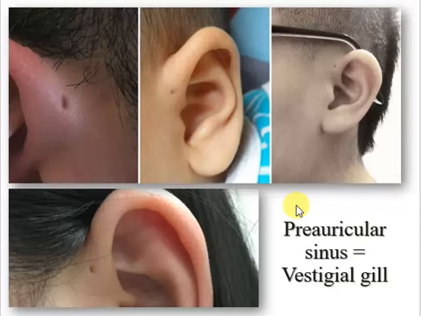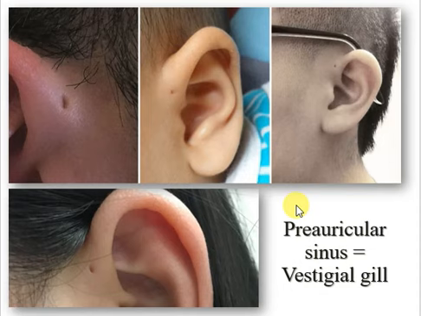Another example of vestigial gills is what is known as a preauricular sinus or preauricular pit. This is a small hole that's present in front of the ear, and it occurs as a result of improper fusion of the first pharyngeal arch during the 6th week of gestation, if I'm correct.